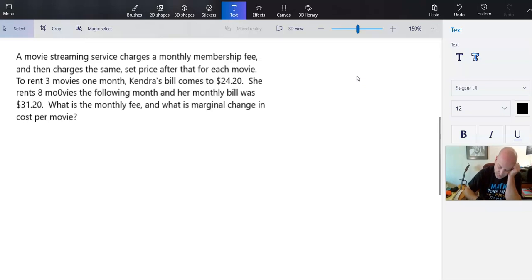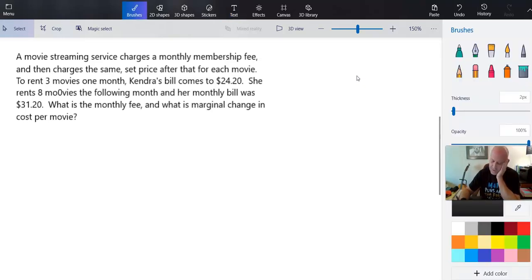Okay, so we need a couple of things. One of the things that we always need if we're trying to find the equation of a line is 2 points, right? So that's what we have to figure out. We need to figure out what our unknowns are, what are the things that we don't know, and kind of go from there. So first of all, we have a couple of points here.